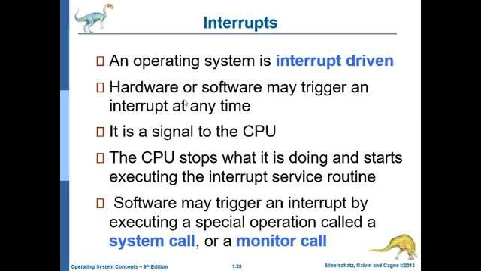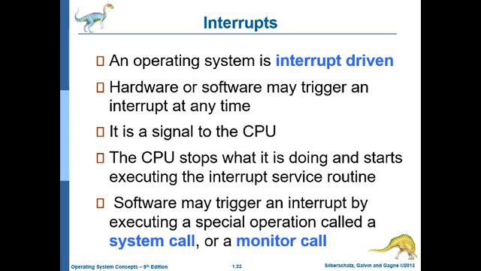That's why we call the operating system interrupt driven, which means that almost all the time, there are thousands of interrupts generated in 1 second, and the operating system is going to see which one to process.